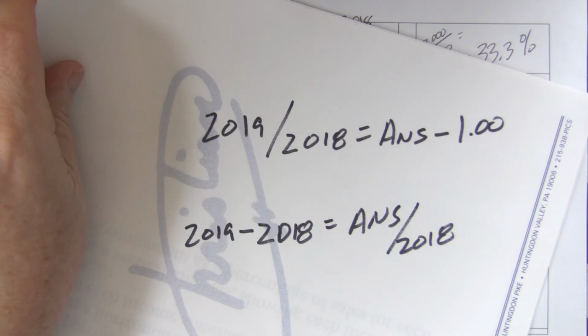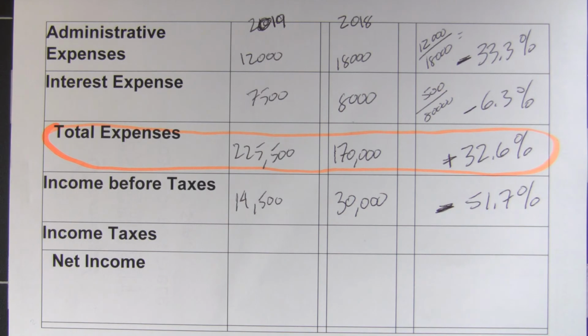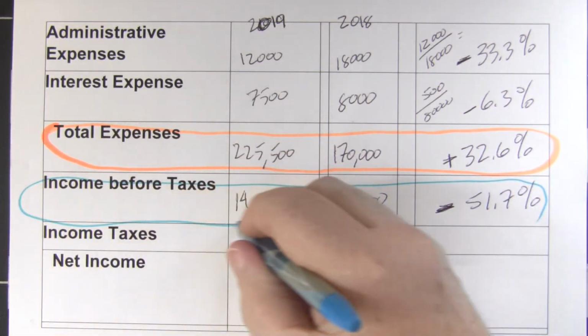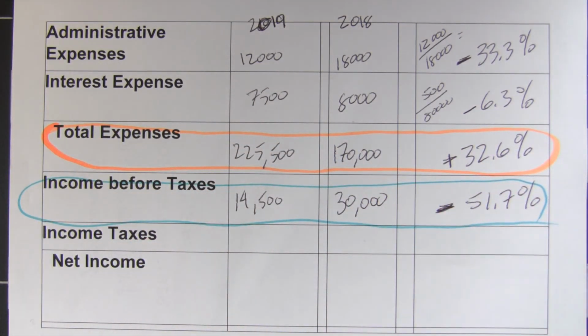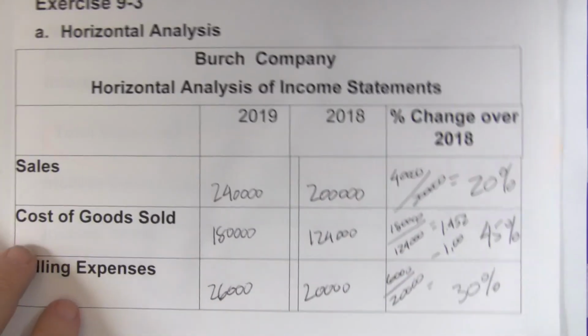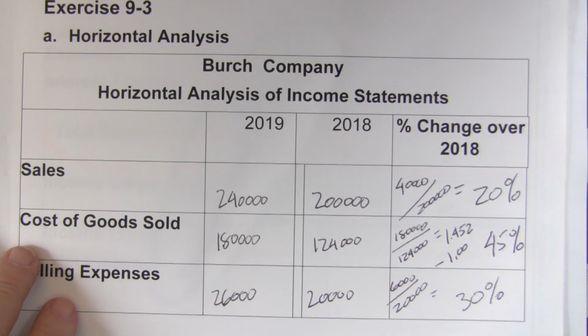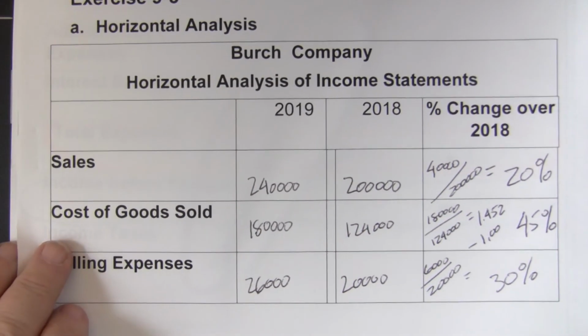Either one, they both will give you the same exact answer. Pick either one, come up with the answer, and then call the folks back into your office and say, ladies, gentlemen, just what in the hell is going on with our business? How could we increase our business by 20% and cut our income in half? You need to explain that to me. And you can start right now.